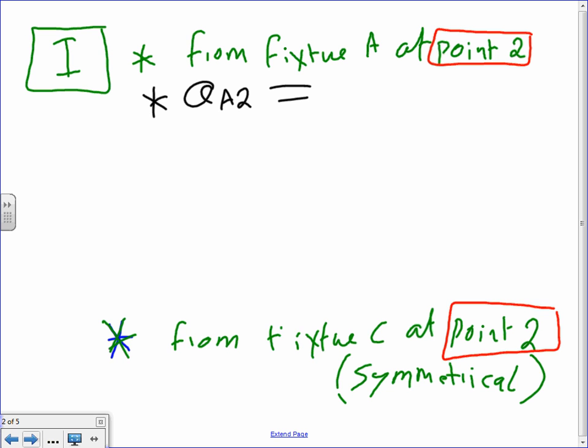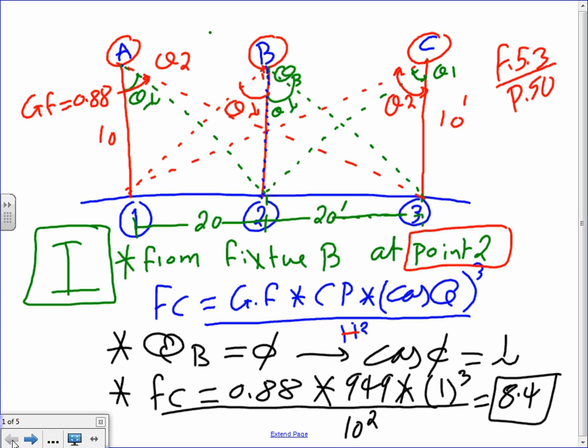Do you guys remember how? Tan Q equals the opposite over the adjacent. You remember that triangle? I need to find the tan. Look at this, here's the angle: the opposite, which is 20, over the adjacent, 10.